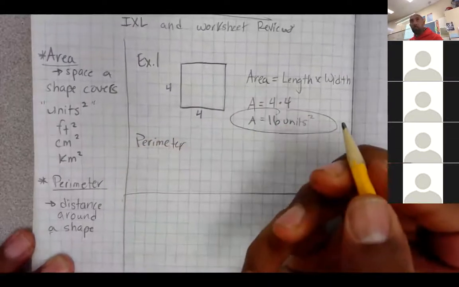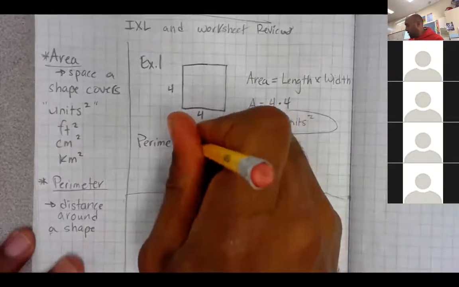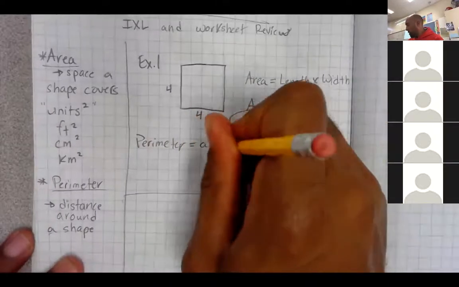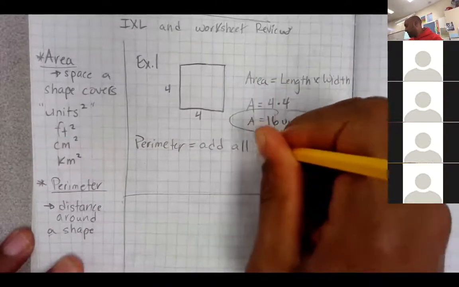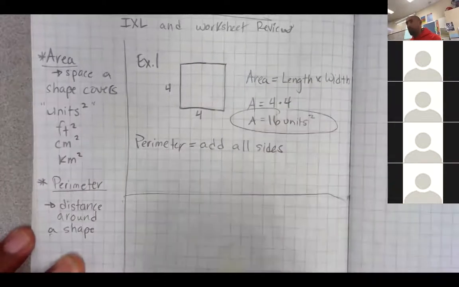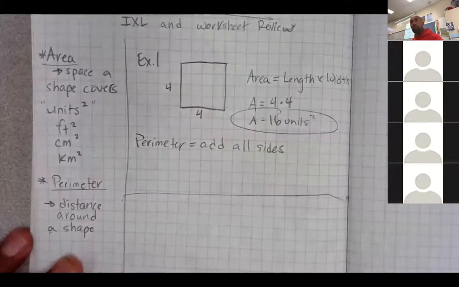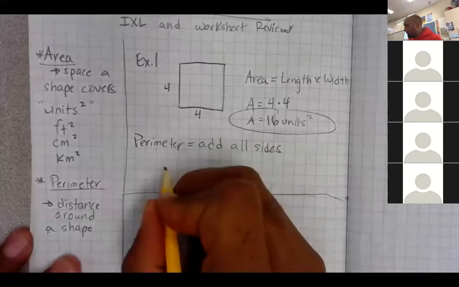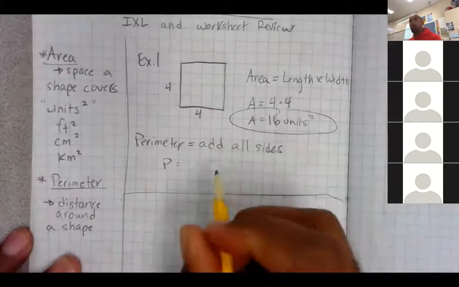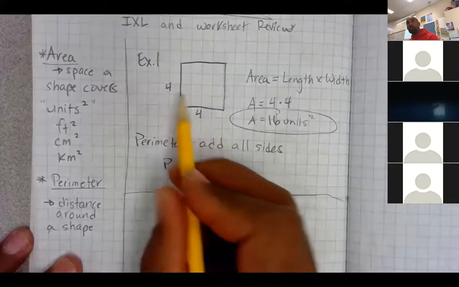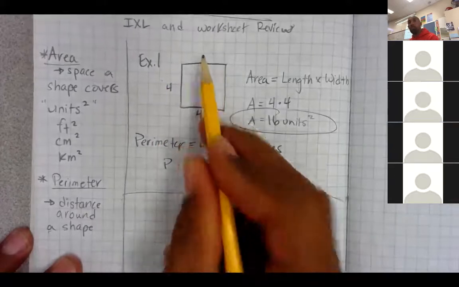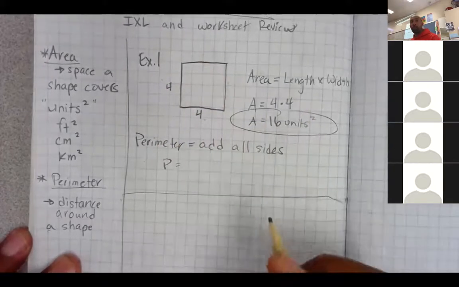it's pretty simple. I mean, as you guys may already know, you just add all sides. So perimeter, you just add all sides. So in this case, there's not just 2 sides, there's 1, 2, 3, 4 sides, and I would add all of those together.